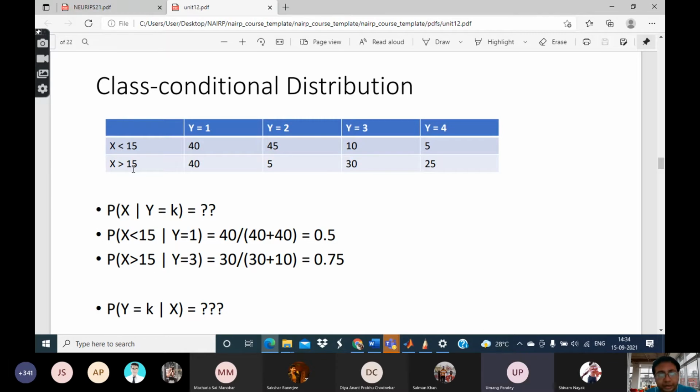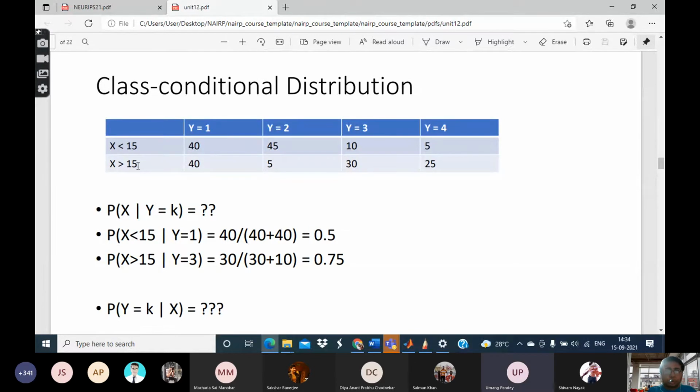It may turn out that one set is more numerous than the other, or maybe both are exactly equal. Let us say I have chosen this threshold of 15 because it's like the median value. That is to say, there are 100 examples for whom the feature value is above 15 and 100 examples for which the feature value is below 15.